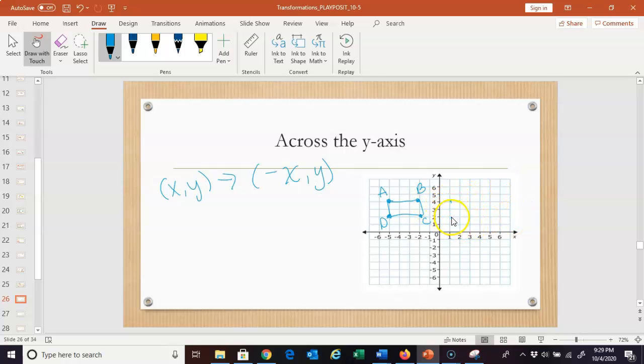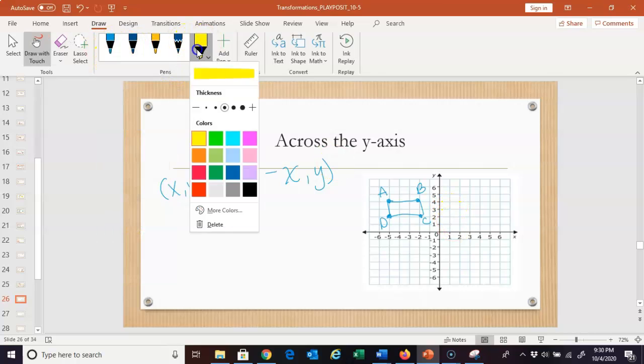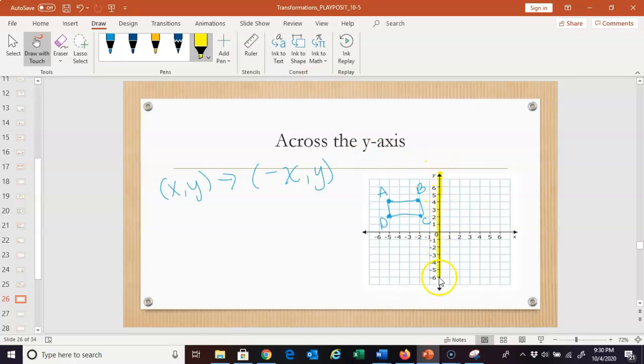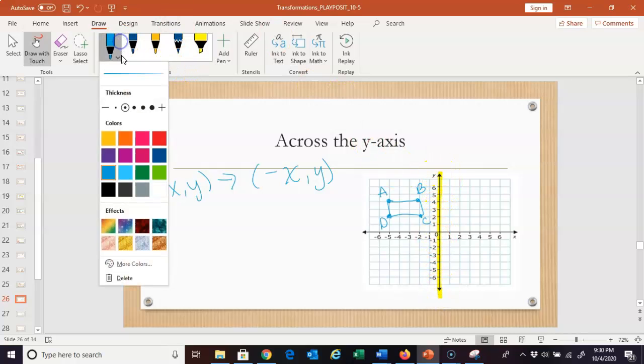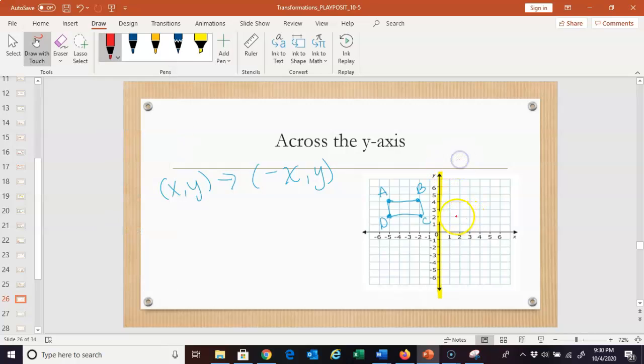Look, you're like, okay. Oh wait, that's 2. Look, I already messed up. That B and C point, they are 2 units away from the y-axis. So you can make the new points 2 units away on the other side. Remember when we talked about the definition of a reflection, it's the same distance away from that line.